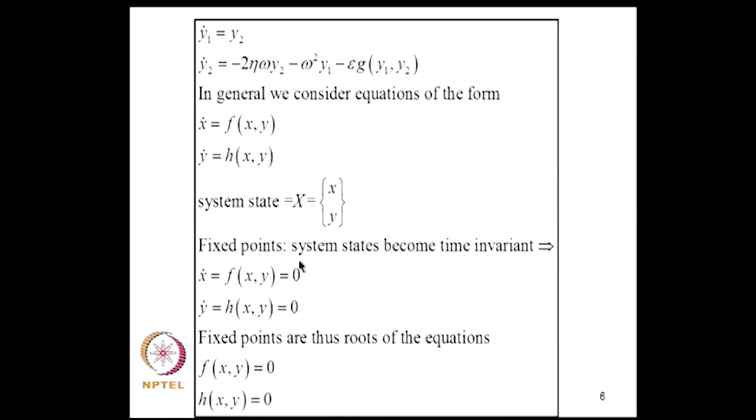The fixed points are the system states at which the system state becomes time invariant. By that I mean those values of x and y for which x dot and y dot are 0. That would mean at the fixed points we have f of x comma y equal to 0 and h of x comma y equal to 0. So, fixed points are those roots of this pair of equations.